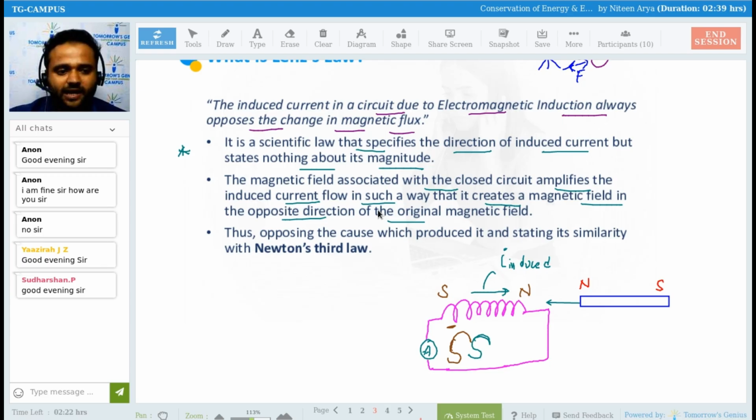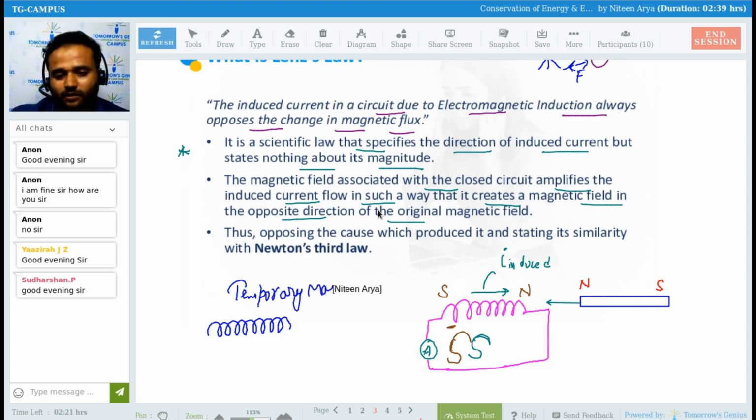So obviously, if this particular side becomes a south, understand in this way, because we know this terminology also. Whenever there is a current flowing in any particular wire or a loop, it becomes a kind of solenoid, or behaves as a temporary magnet. Is this clear?